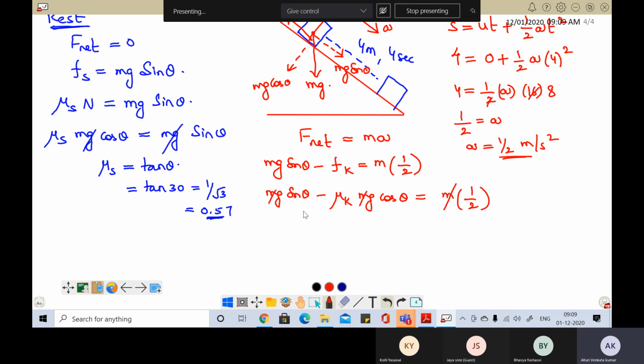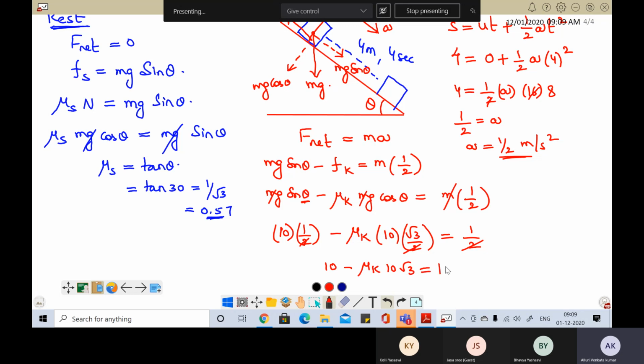Theta is 30, so g is 10: 10 sine 30, which is 1 by 2, minus mu k into 10 into cos 30, which is root 3 by 2, equals half. The 2 will get cancelled. So 10 minus mu k times 10 root 3 is equal to 1.